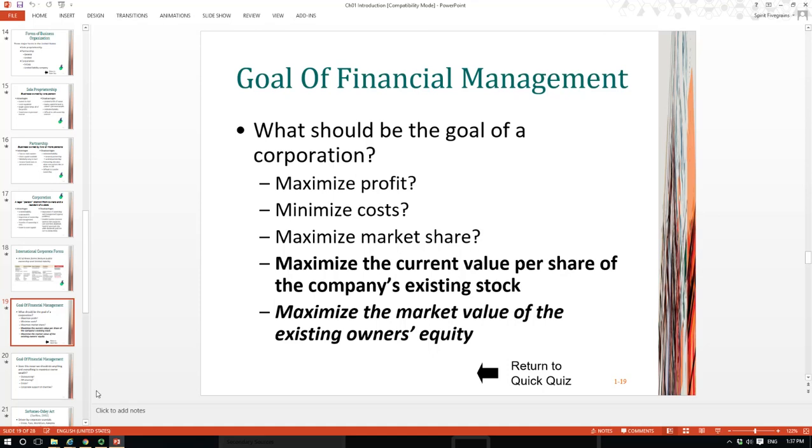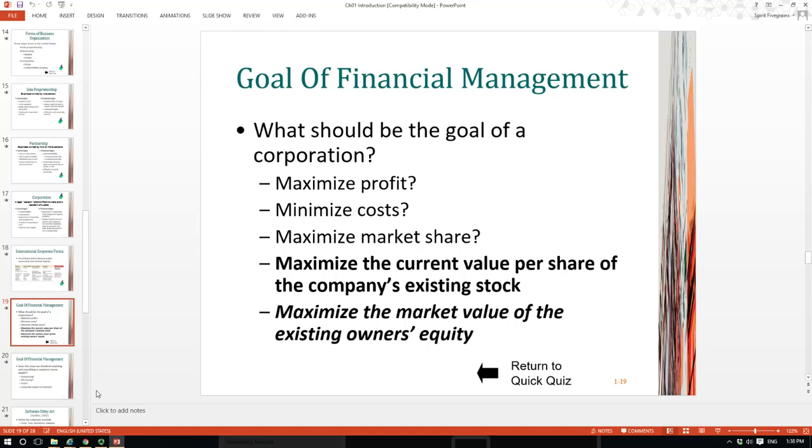Right? But I said we could equate them. Why do I say could? Because stock price changes on a daily basis. And we just say that the stock price could be a proxy for shareholders' wealth. There are many different ways for us to find shareholders' wealth, but no one is perfect.